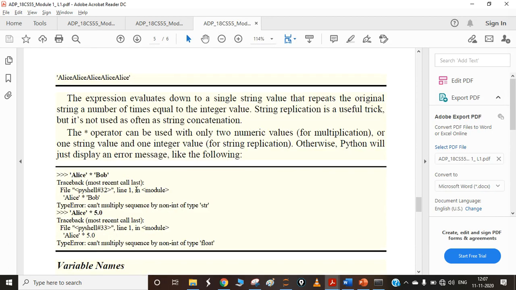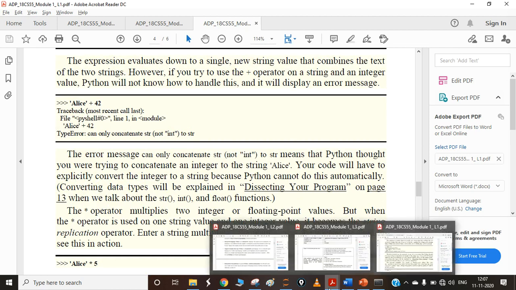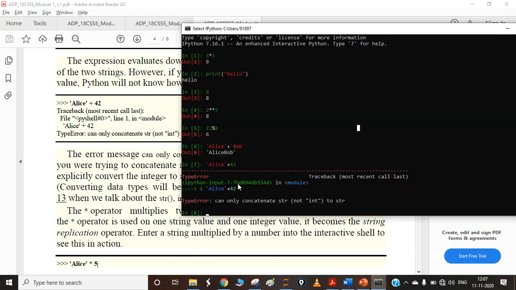So moving to the next concept. We have one more, that is star, which acts like a repeat operator. Here plus is acting like a concatenation operator, star acts like a repeat operator.